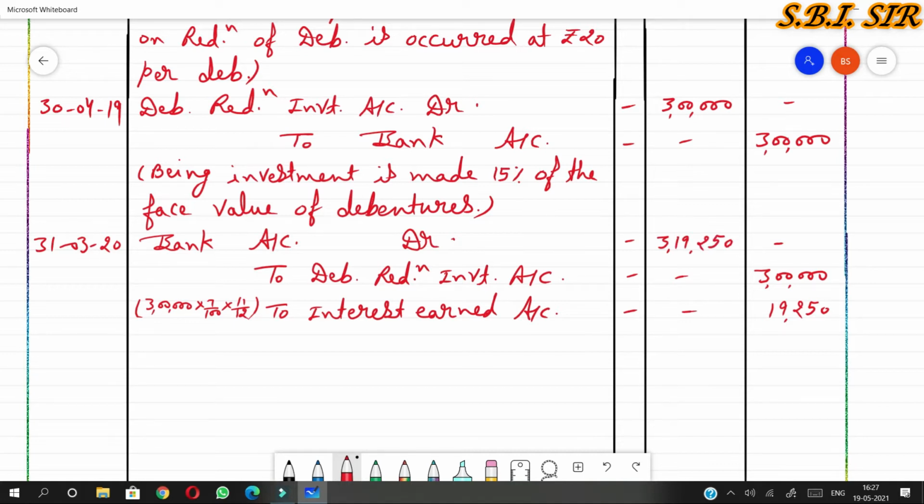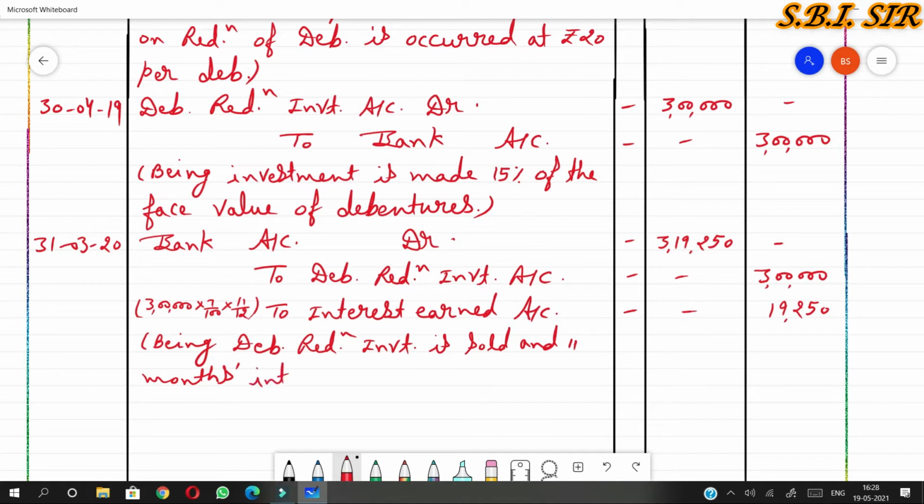Then narration being debenture redemption investment is sold, and 11 months interest is earned.